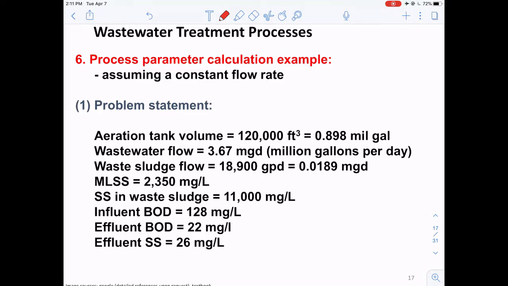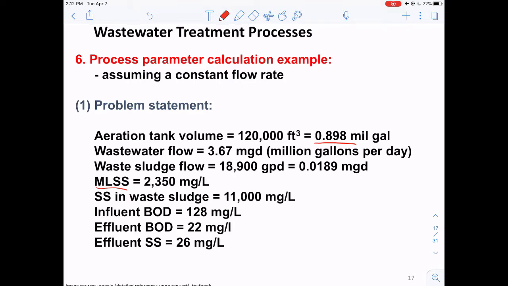It provides that the aeration tank volume is 120,000 cubic feet, which is close to around 0.898 million gallons. The wastewater flow is 3.67 million gallons per day. And the waste sludge flow is 18,900 gallons per day, which is 0.0189 million gallons per day.